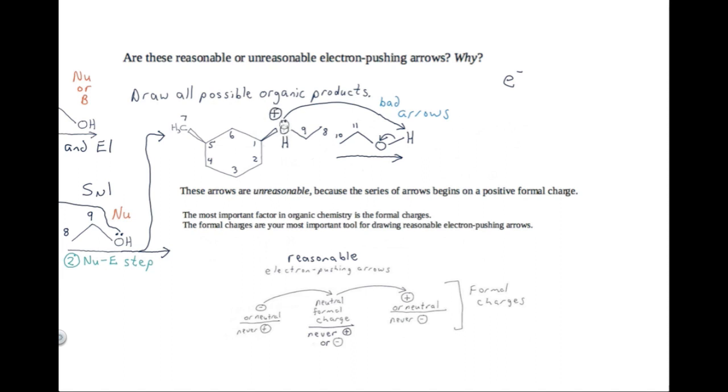The positive charge makes this atom want to receive electrons, not donate electrons. So the positive charge makes this atom want to go at the end of the series of arrows, not at the beginning of the series of arrows, even though it has a lone pair. So again, these would be an example of bad, unreasonable arrows.